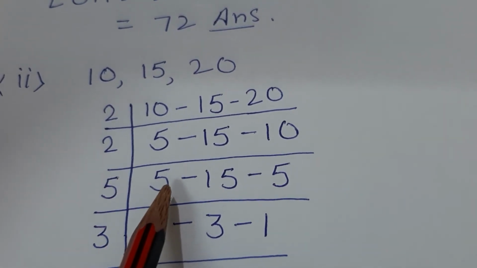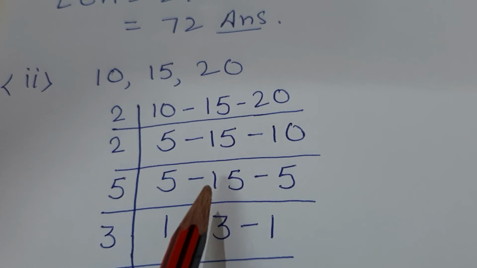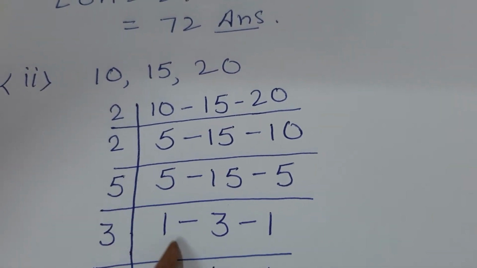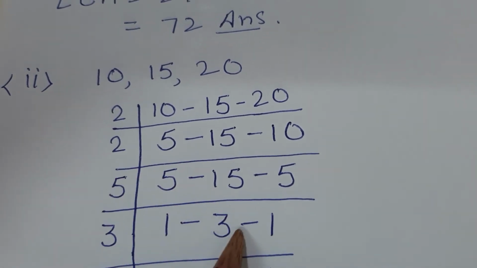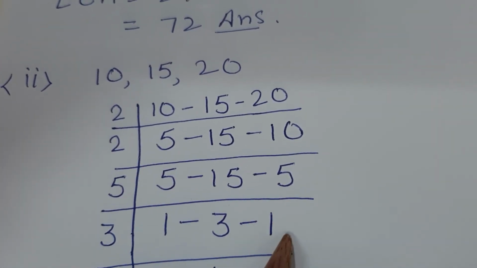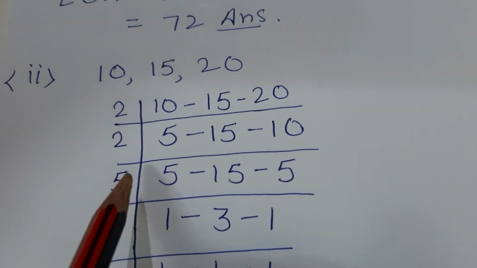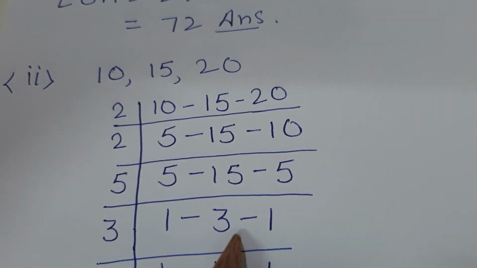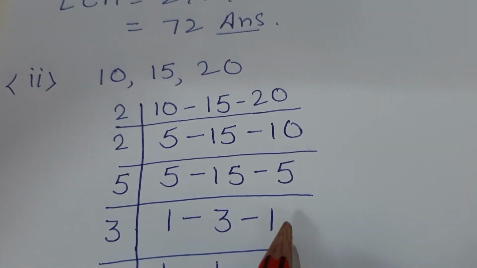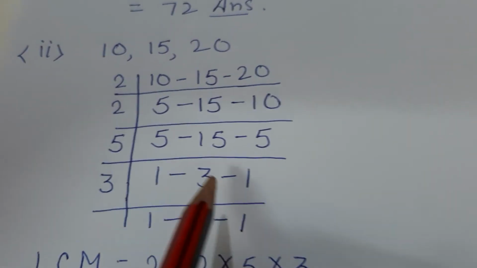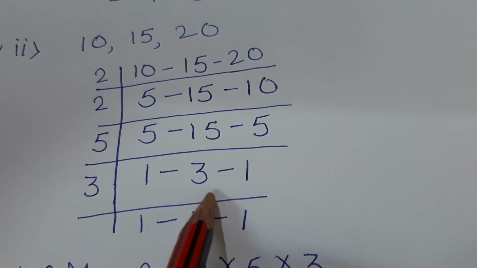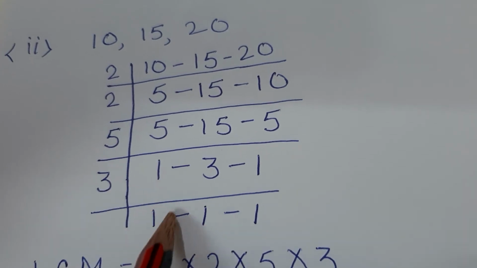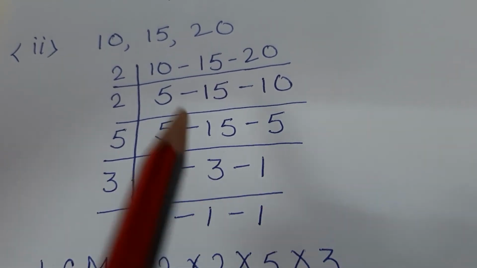Because I can see 5 as common in all the terms, I have divided by 5. So 5 ones are 5, 5 threes are 15, 5 ones are 5. Now only 3 I can see, so it will be divisible by 3. 3 ones are 3, and 1.